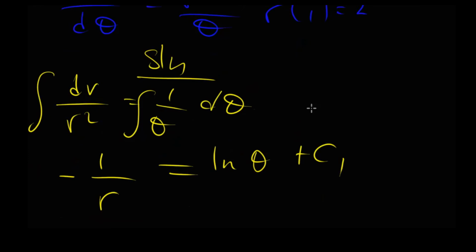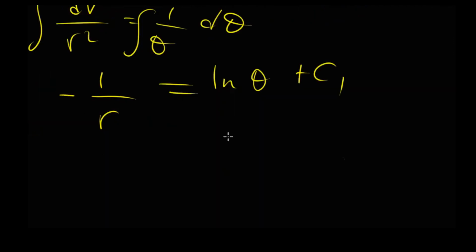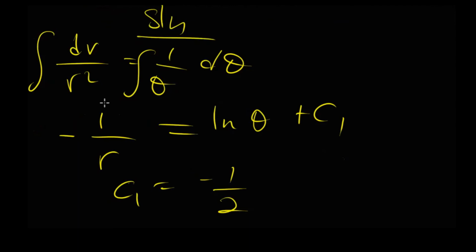It's 0. So if this is 0, then we'll put -2. Then c1 is what? It's -half, right? Yeah, so c1 is equal to -half. And then you substitute. So I think we can move on to another one, right? Yeah.